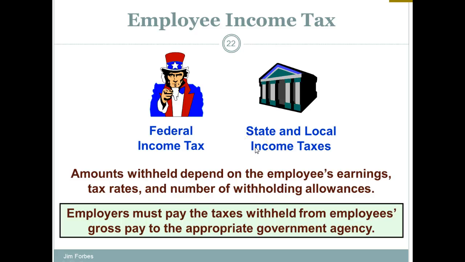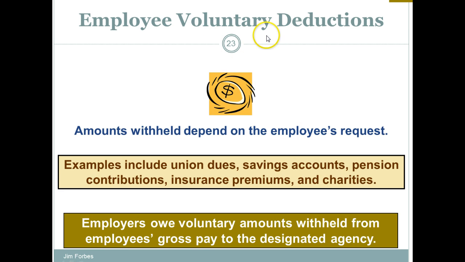Again, federal income tax, state, local taxes, those are some of those deductions that occur, as well as some voluntary deductions. It could be union dues, maybe they're setting up a savings account, retirement accounts, insurance, charities. They might even have a Christmas fund that they're saving for, things like that.